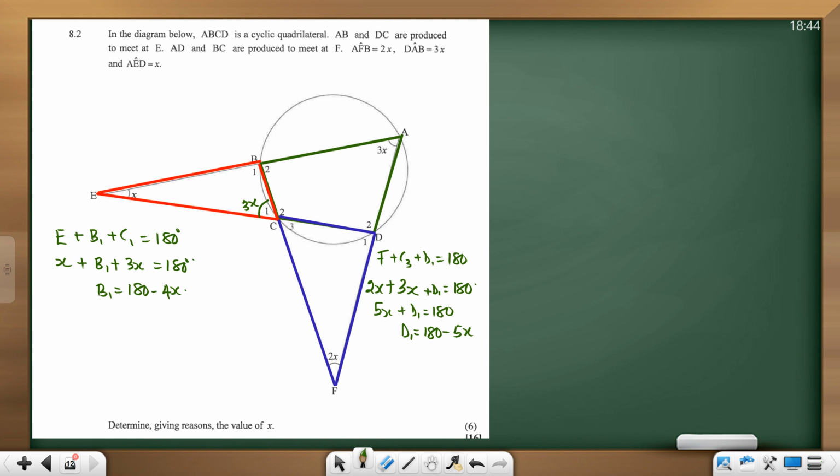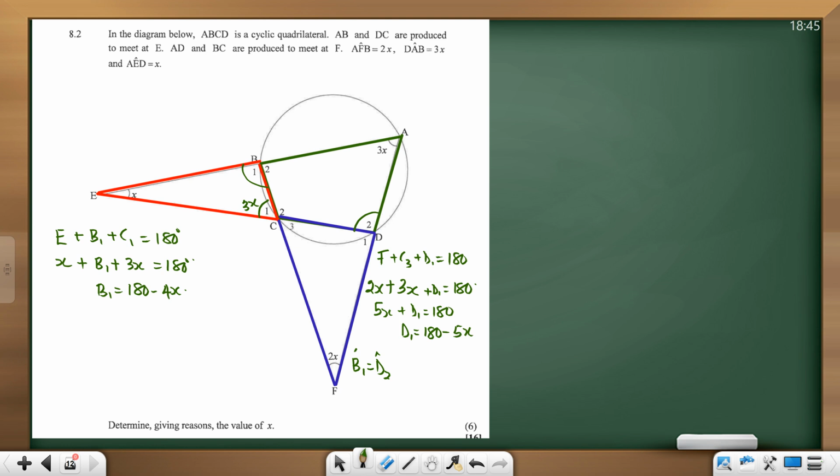And then because we have the cyclic quad, I said B1 is equal to D2. B1 is equal to D2. We all agree with that. Yes, sir. But we know that B2 plus D2 is equal to 180 because of the sum of opposite angles in the cyclic quad. Which one?